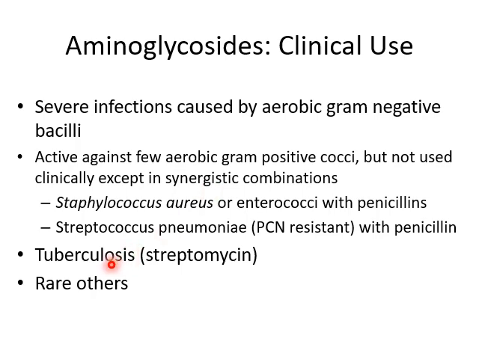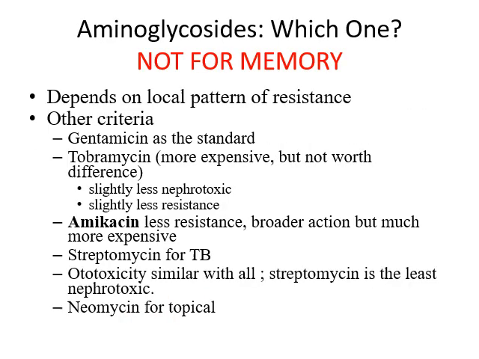And by the way, we can also use them as second line for tuberculosis. For instance, streptomycin can be used for that, and we have also some rare applications. And finally, this slide is definitely not for your memory, but I put some details here just for your interest, because you will see those drugs and for you to know a little bit which is which, etc.